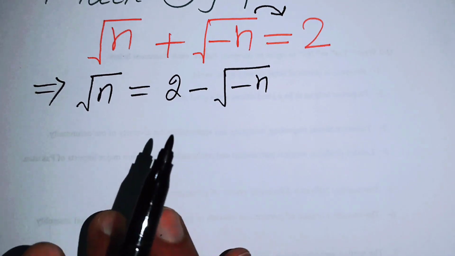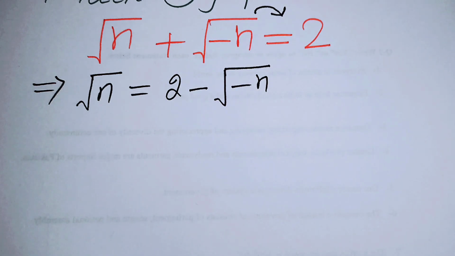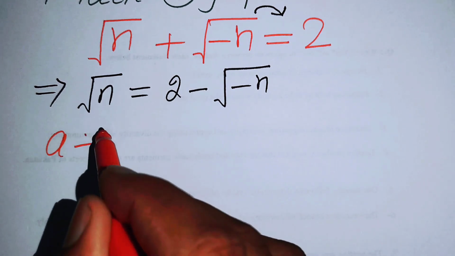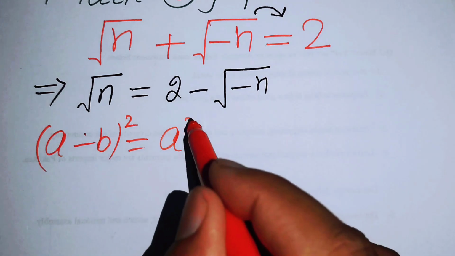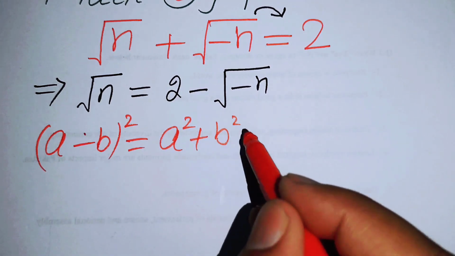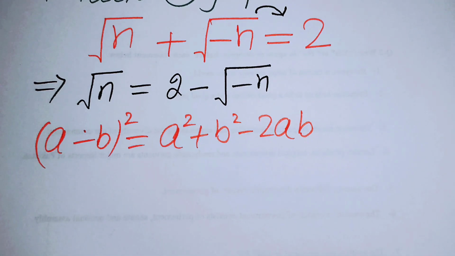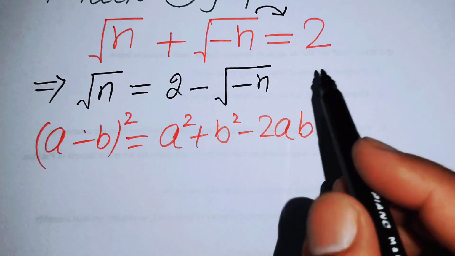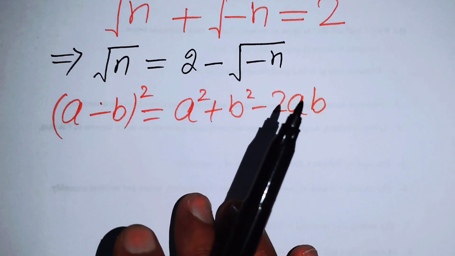And after that I can apply the nice square identity, and you know about this identity. First I can write this here: (a − b)² = a² + b² − 2ab. Now I can use this identity, because in the next step I can take the square on both of the sides.